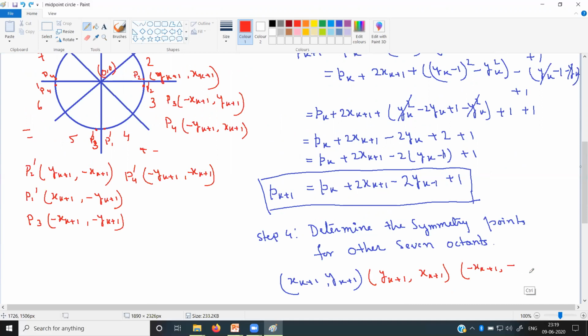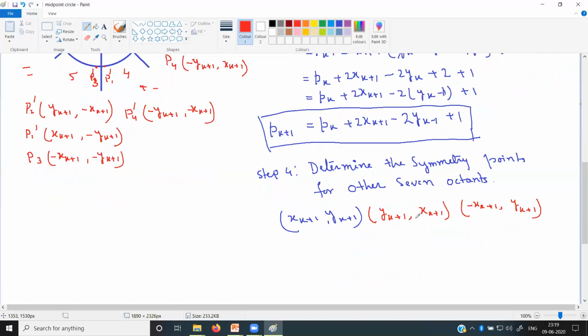First let me compute the other points. Y of k plus 1, minus xk plus 1, y of k plus 1. This is the point for this coordinate, that means for octant 3. And then minus of yk plus 1 and xk plus 1.